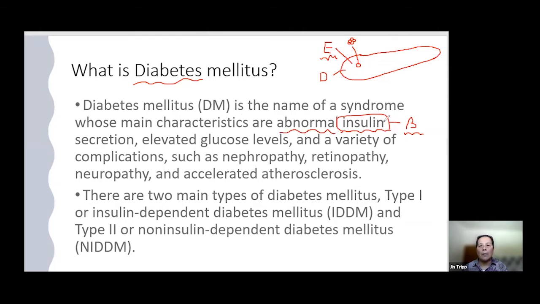Insulin controls blood sugar level; generally they decrease blood sugar level. So abnormal insulin is usually a decreased amount. Insulin's action is to decrease blood sugar level. When the amount of insulin secretion is decreased, blood sugar level will increase.